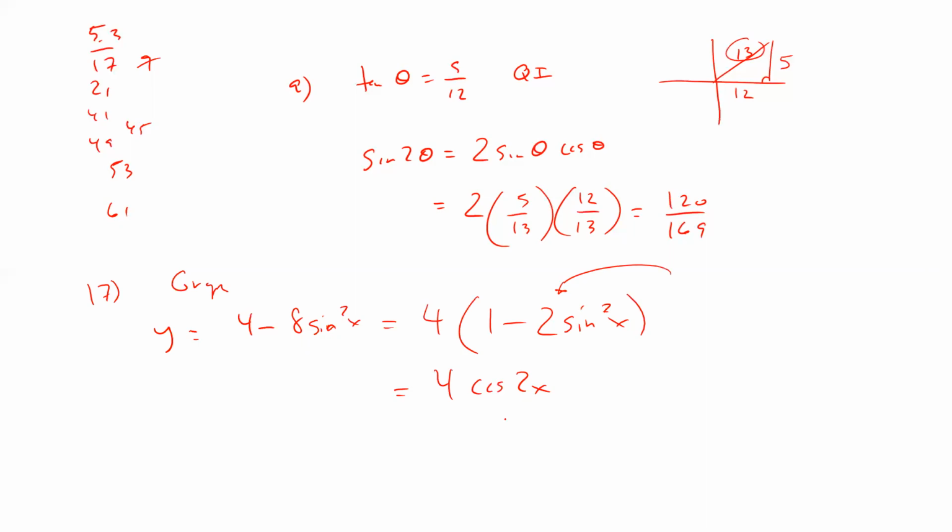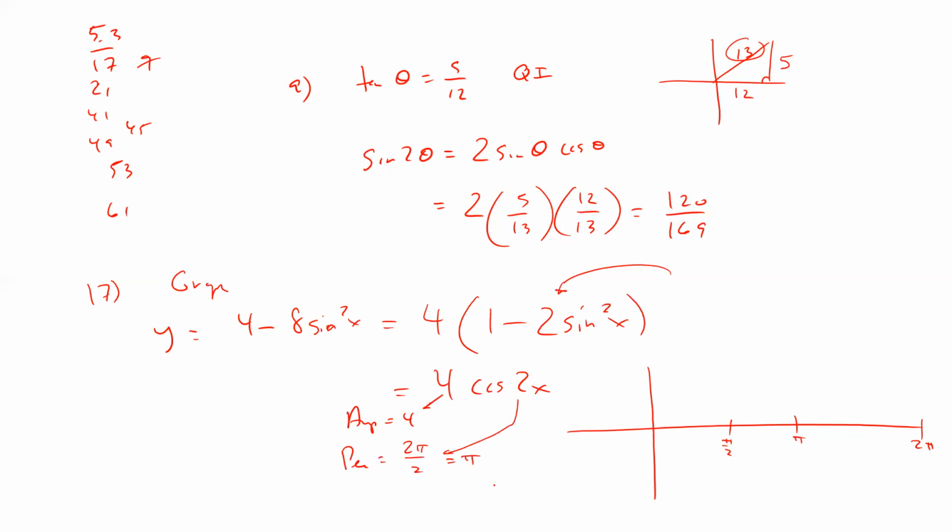Perfect. I think I'm ready for graphing because that's something I can do really well. So 0 to 2 pi, there's pi over 2. Amplitude is 4, the absolute value of that number. And period is 2 pi divided by this little number right there.